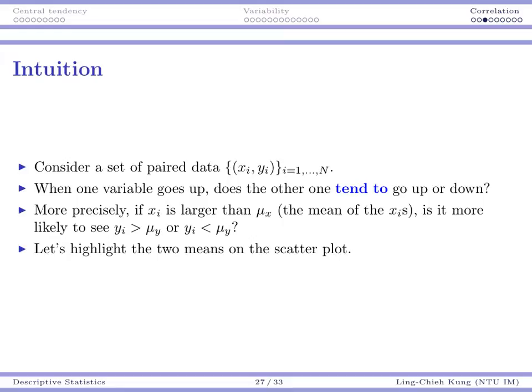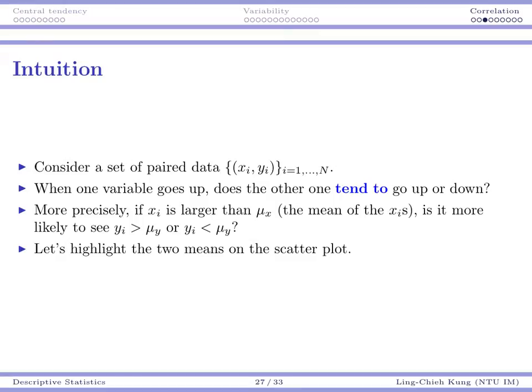So we will have two sets of data, and x1 corresponds to y1, x2 corresponds to y2, etc. What we want is to see when one variable goes up, does the other one also tend to go up or down? We hope that by observing how one variable changes, we can somehow predict the other variable.